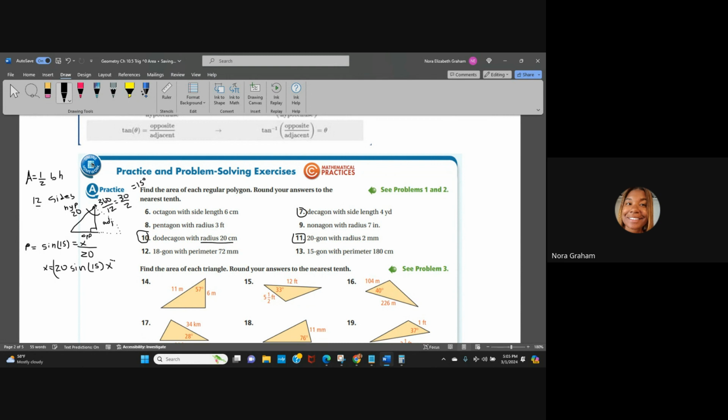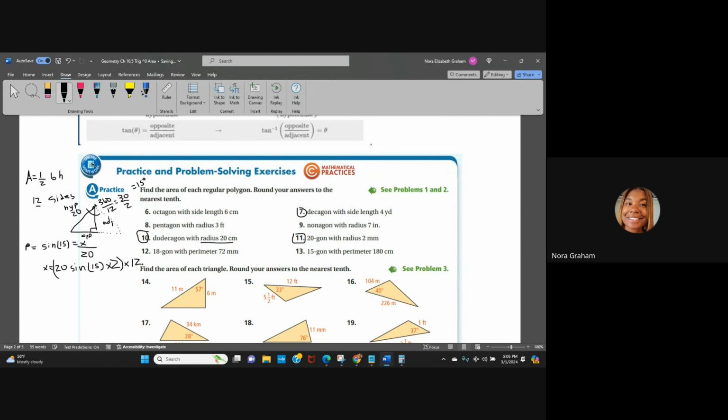That's just reminding me I got to multiply that by 2. But wait, that just gives me the whole side of this whole triangle. I want the whole perimeter of my whole decagon. So I'm going to have to take this side and add it as many times as my decagon has sides, so this side plus this side plus this side 12 times. Or I can just multiply this whole thing by 12. And that's going to give me my whole perimeter.